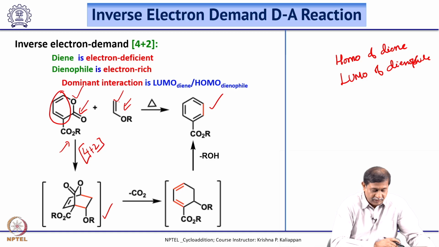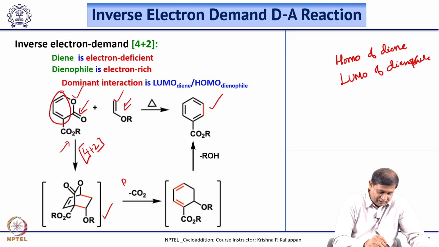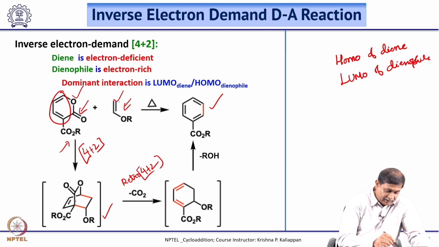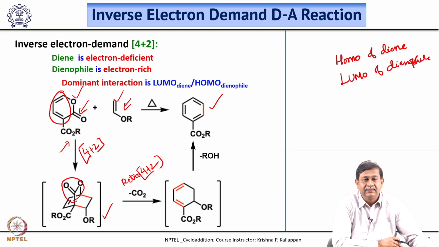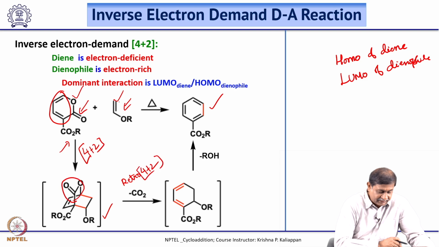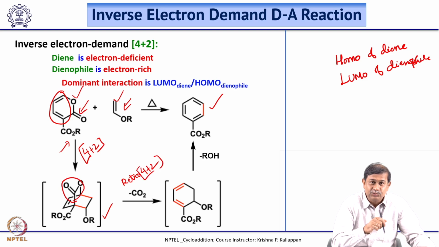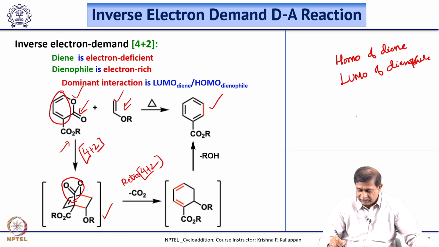Now this undergoes a retro 4+2, wherein you can see carbon dioxide is expelled. Extrusion of carbon dioxide takes place through this retro 4+2.